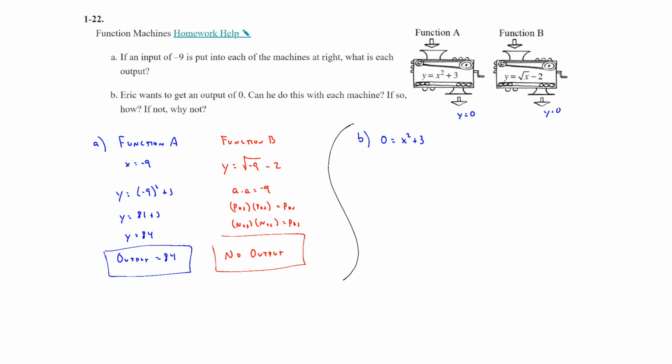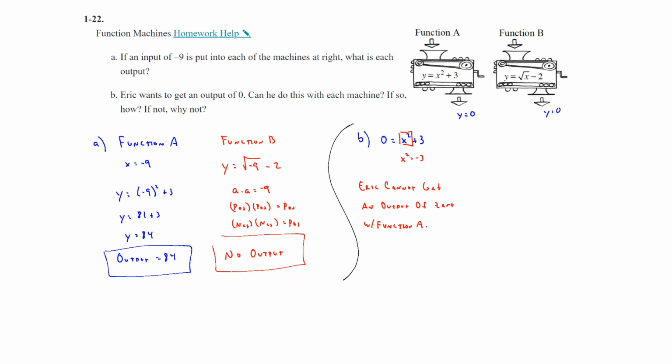And as you hopefully thought about this one, what you really need to happen is you need this right here to be a -3. Well, we just talked about on function B, when you take the square root of -9, there's no way to square a number and get a negative. So in the first function here, there is no way to plug a value in for x that is a real number and get an output of 0.